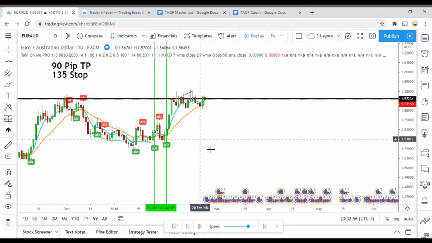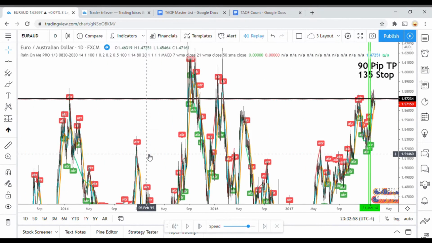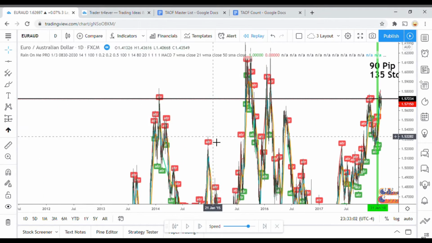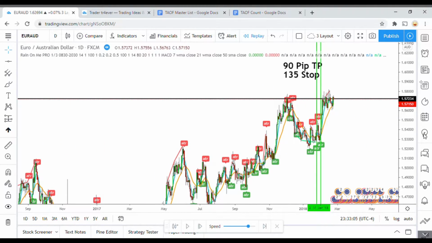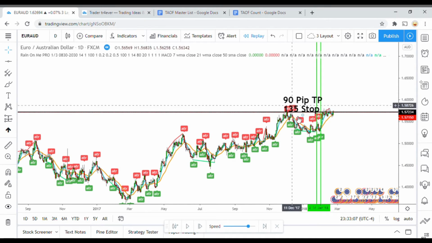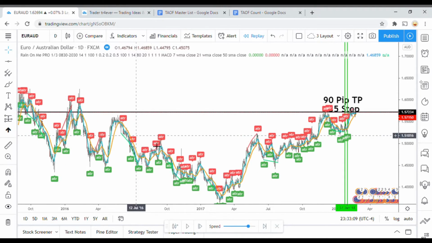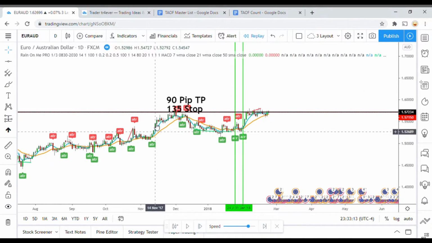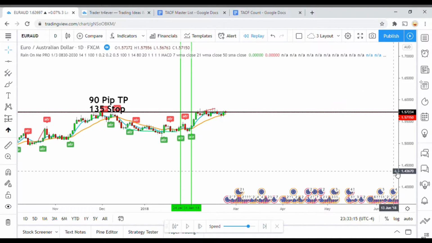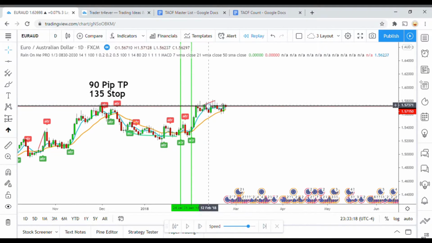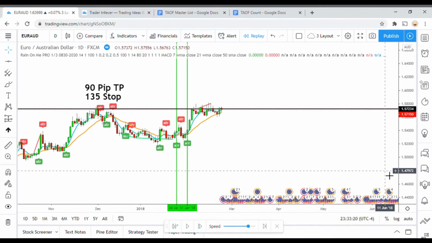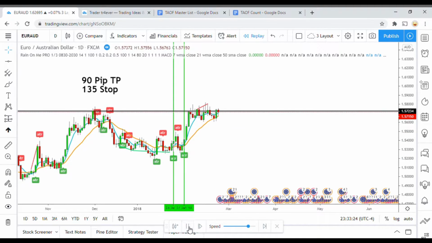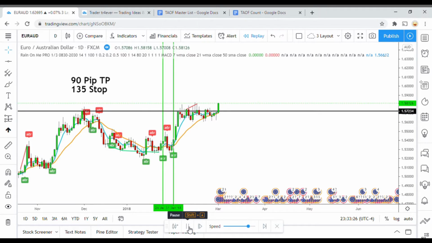So anytime I see something like this, I always get interested in seeing how many other points back here it has ran into that area, had a reaction. Of course, the farther back you go, the less the area starts to kind of matter, if that makes sense. Anyways, let's move on here.